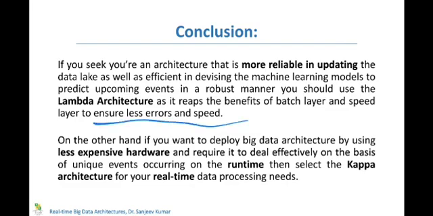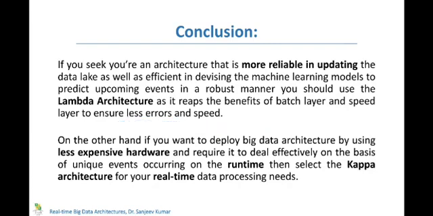Clear? Fewer errors and speed means, for example, we have a storage device and live streaming, and we need to record it, then we can use the Lambda architecture, because it has the batch layer as memory, and after that we have streaming, so it is more reliable compared to Kappa architecture.